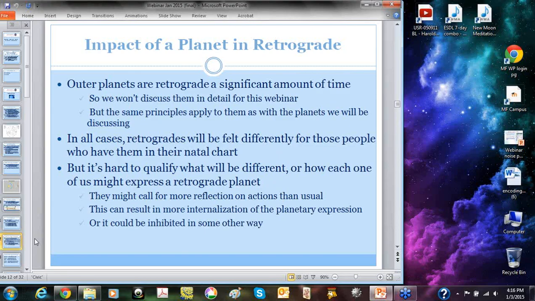The gamut can run from the planet behaving in an unusual manner to it being more internalized for us, where we were always acting cautiously on things that involved the way we express that planet. We might pause more often than other people to reflect on things before we commit to any action, or it could be inhibited in some other fashion.